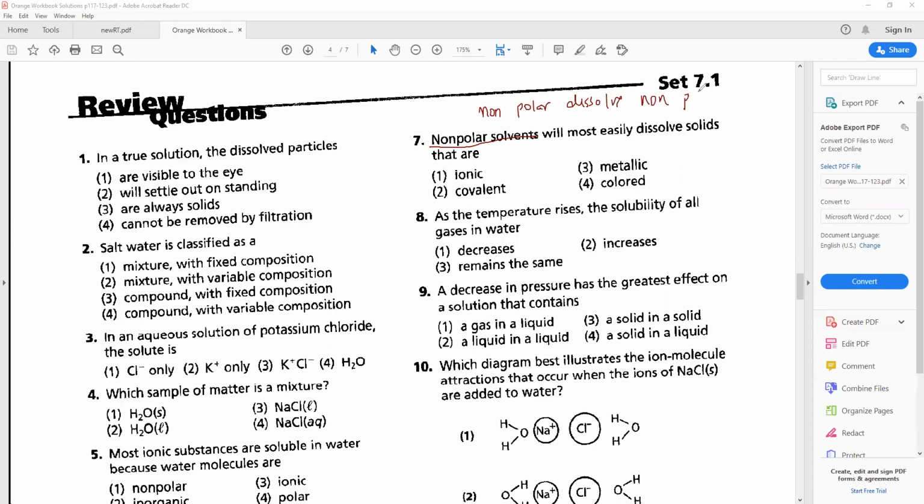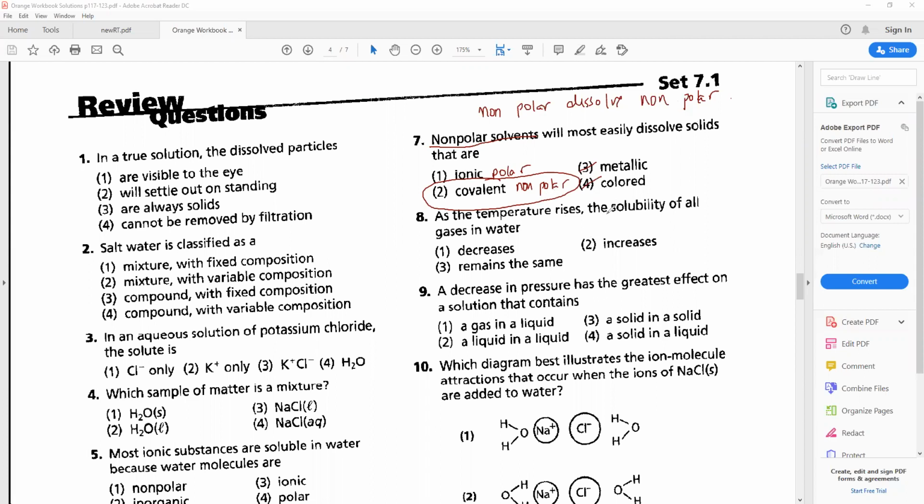Ionic, what do we say? Ionic are polar. Covalent, we are going to say they're nonpolar. Metallic and colored don't make any sense. So nonpolar solvents will dissolve covalent nonpolar solids.